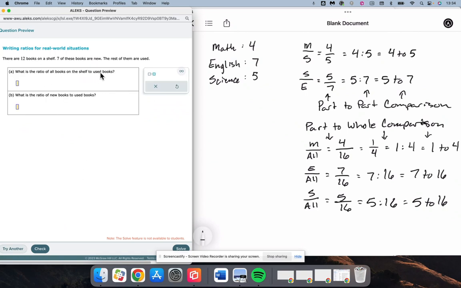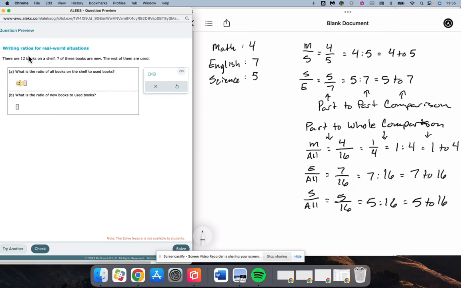All books on the shelf to used books. In this one, it looks like there are 19 books. And used books, oh no, wait, it says there are 12 books. So there are 12 total books. Got to be careful when you read these. And 7 are new.